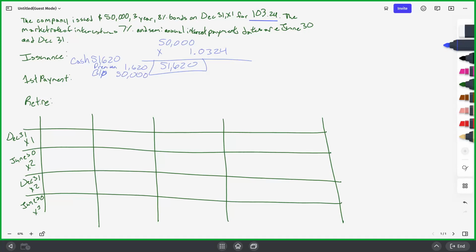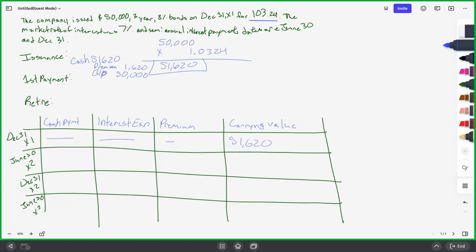Interest expense, cash payable, discount, carrying value. So our carrying value is 51,620.